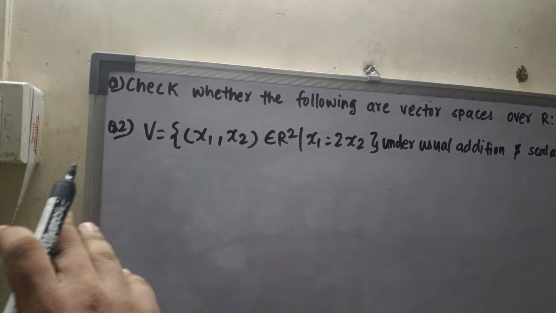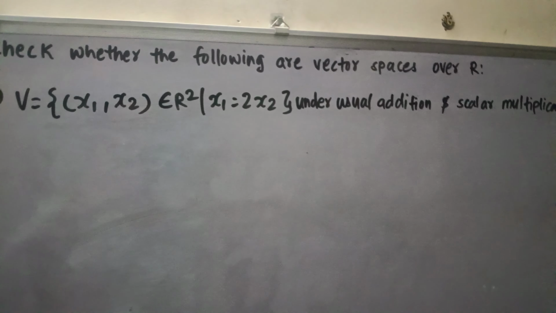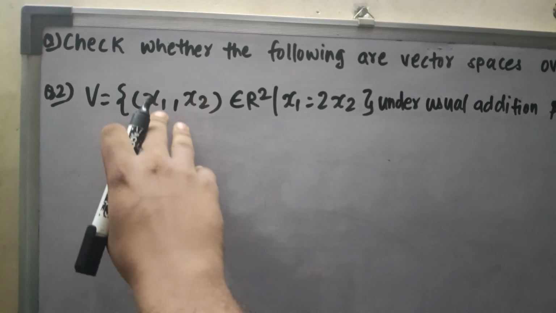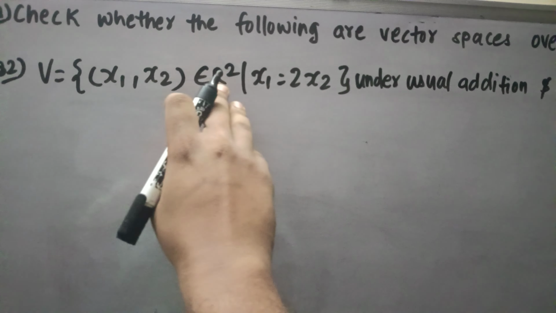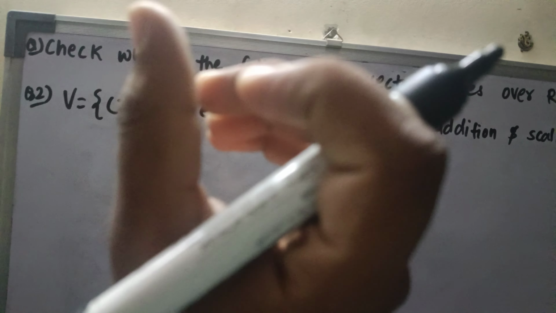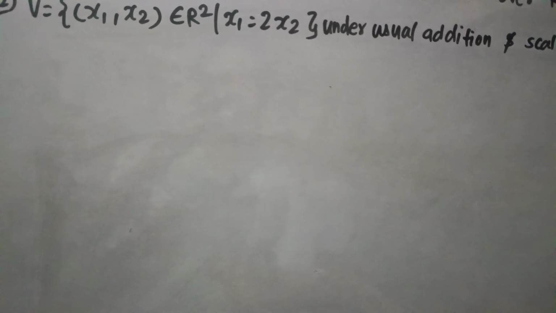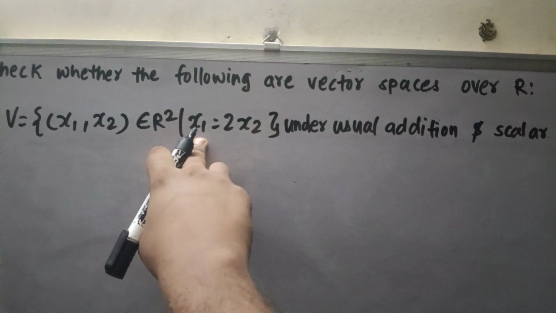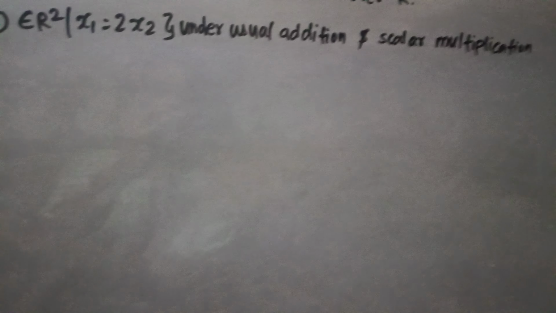For the next question we have a set which has elements x1 and x2 belonging to R square, which means it's a two-dimensional set, and the condition here is x1 is twice the x2.